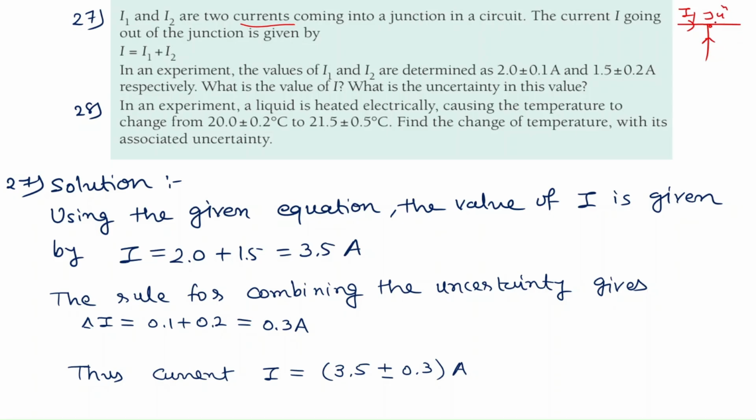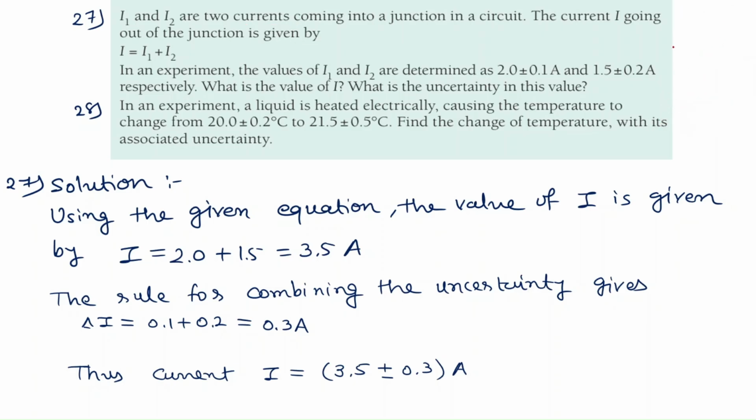One current is coming from this, and the second is coming from this, and they add up to I, or you can write it as I1 plus I2, because of charge conservation. There's no wastage, or you can say there's charge conservation.